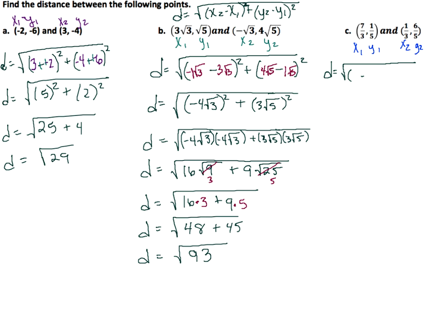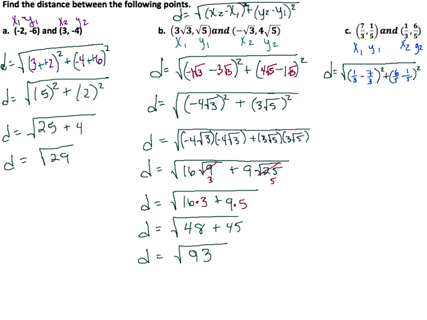Okay, so minus square plus this thing. Let me get my blue pen and fill in the blanks. X2, 1/3, minus X1, which is 7/3. Y2 is 6/5, minus 1/5.